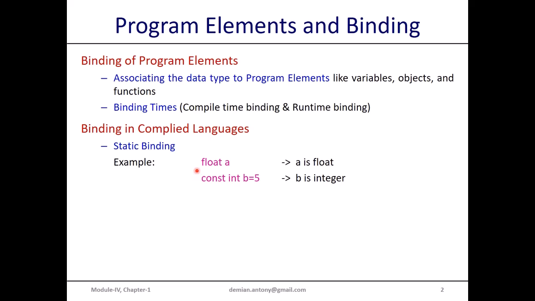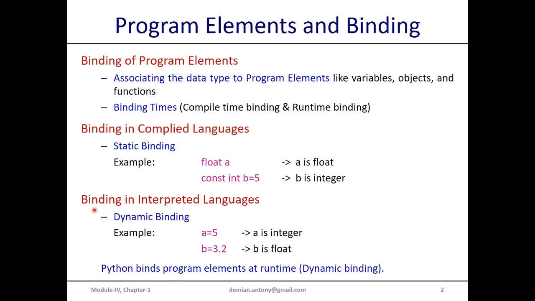For example, if we have a statement like float a, this is a declaration statement in C language. It means that the compiler attaches the data type float to a program element a during compilation. That's why it is called compile time binding or static binding.